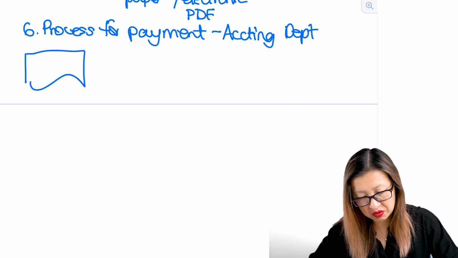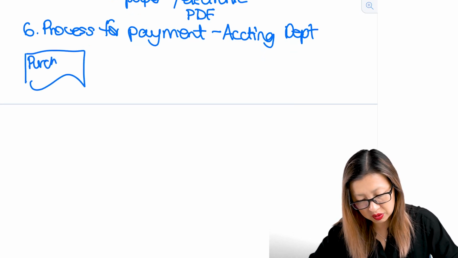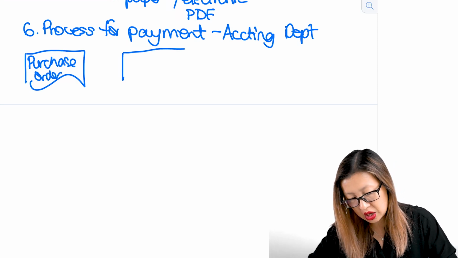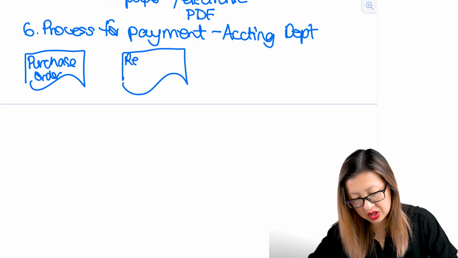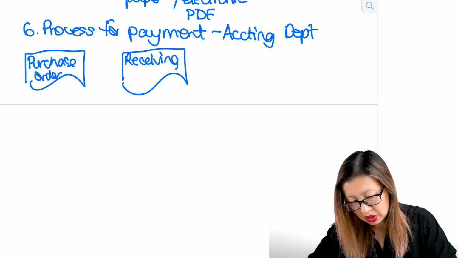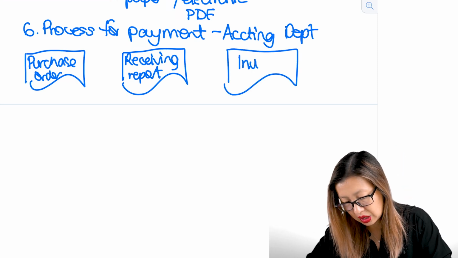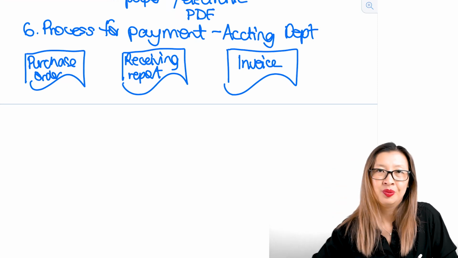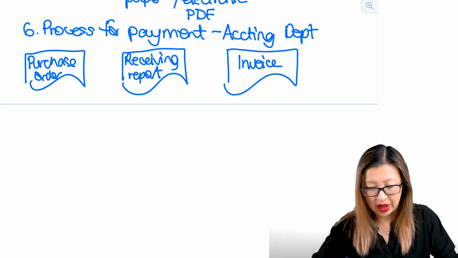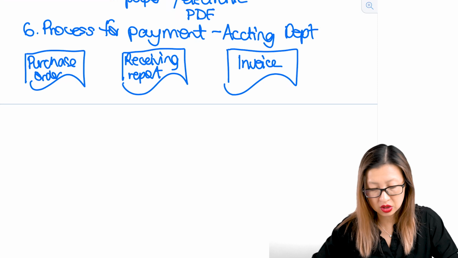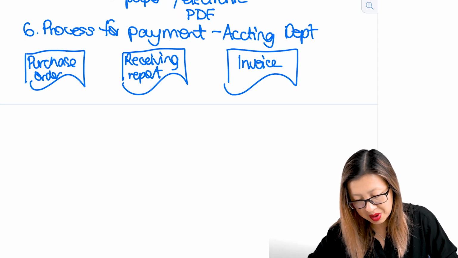They're going to receive information about the order, so they'll receive the purchase order. They're going to receive, now I've written these as documents here, but these could be electronic files, the receiving report, which says what we received, and then they'll also get a copy of the invoice.